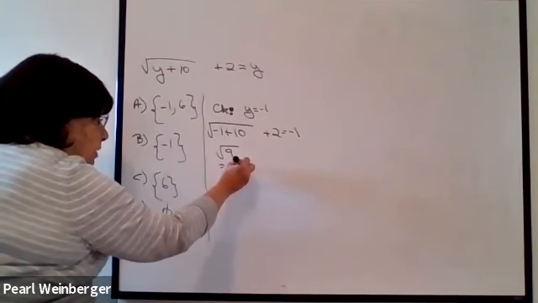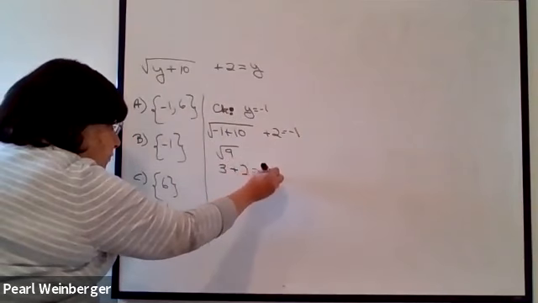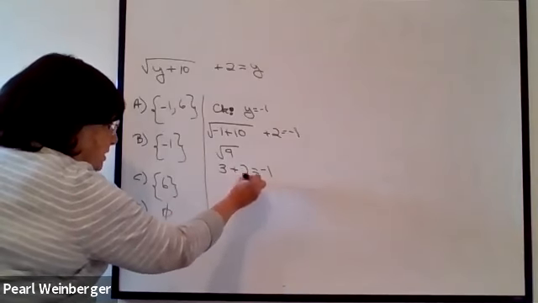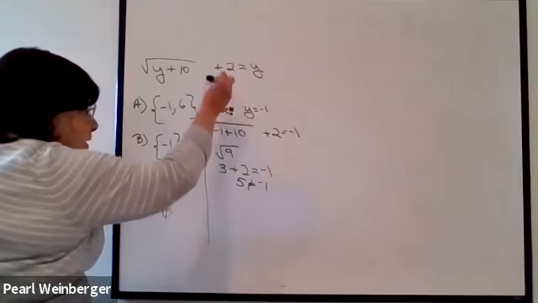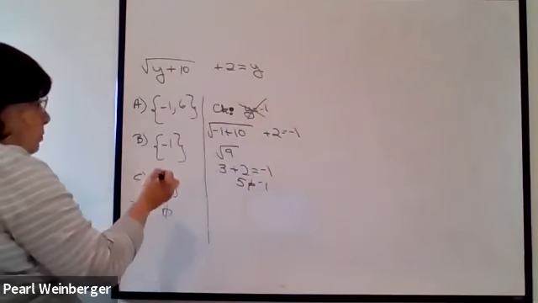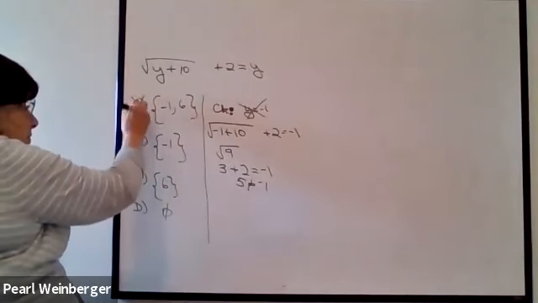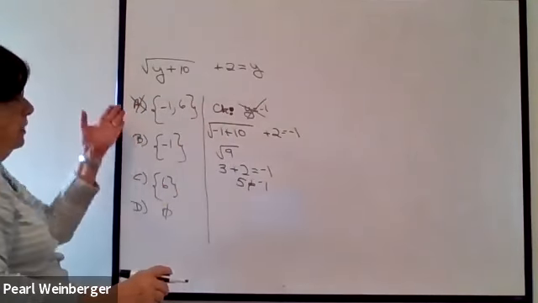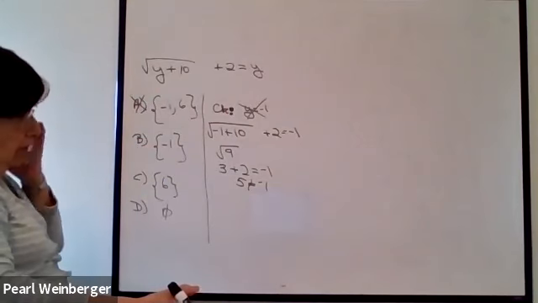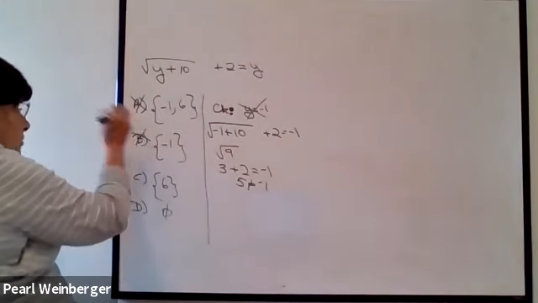So we're getting 3 plus 2 equaling -1, which obviously doesn't make sense because 5 does not equal -1. This answer does not work, which means that this choice is obviously wrong, because if -1 doesn't work, then both of them certainly can't work.